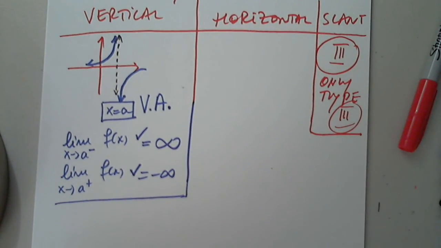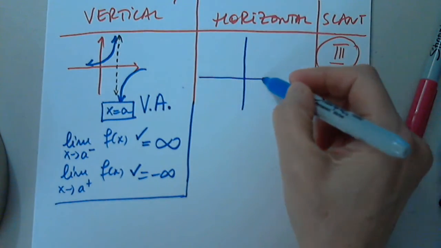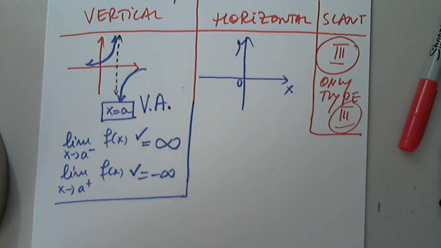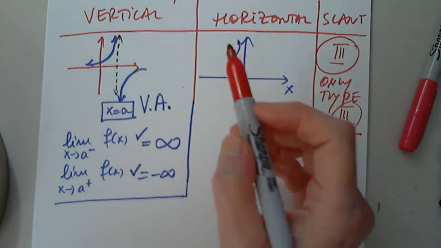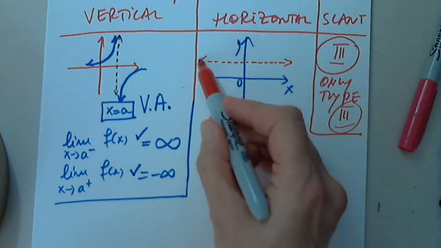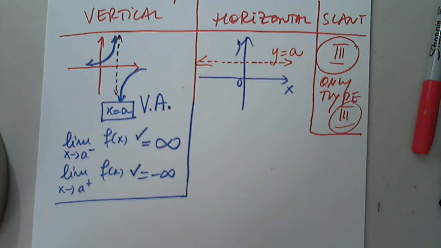What about horizontal asymptotes and how we determine them? So let's look at an example first. So here's a potential horizontal asymptote, not part of the graph, not a solid line. So let's say y equals a. And what could the function do?